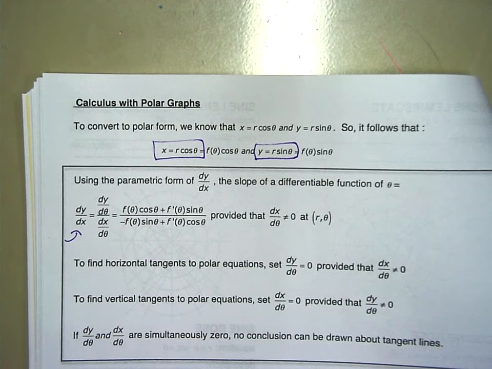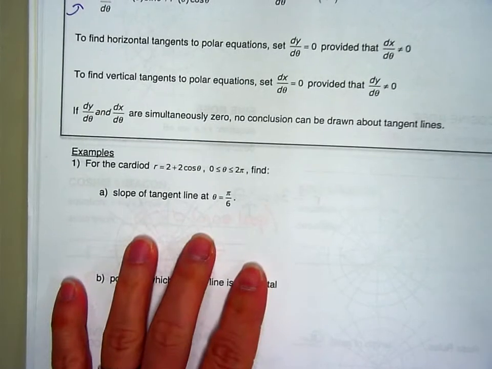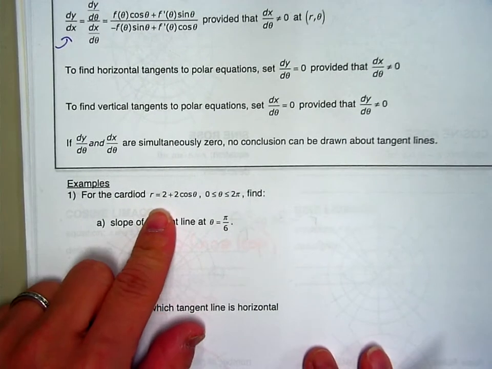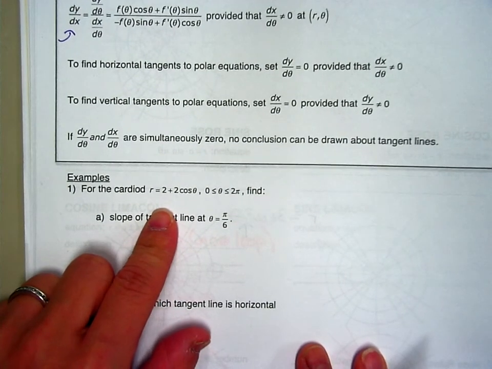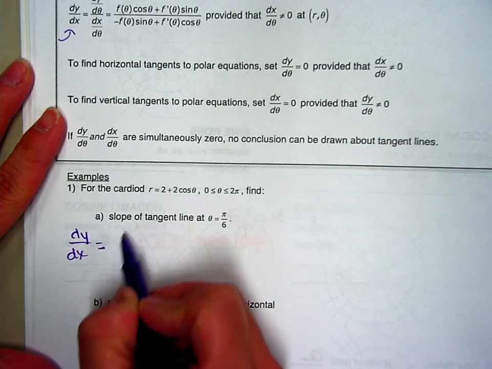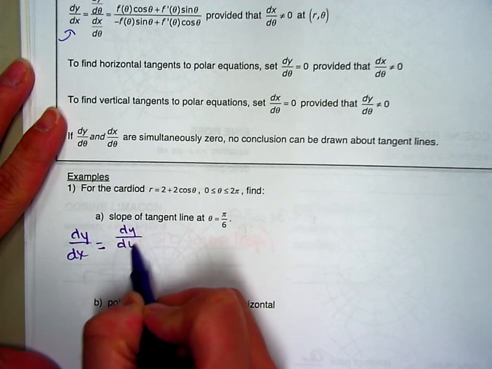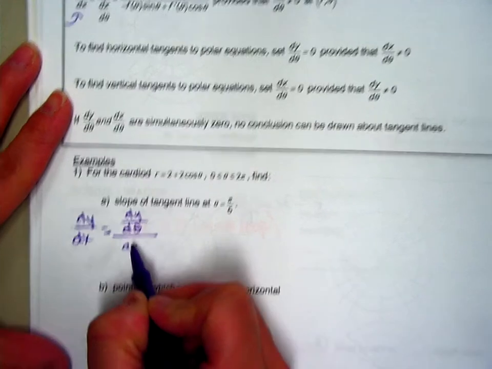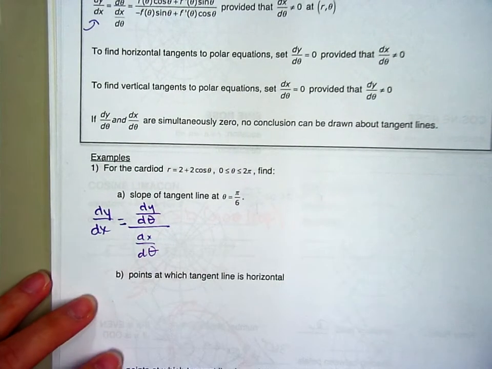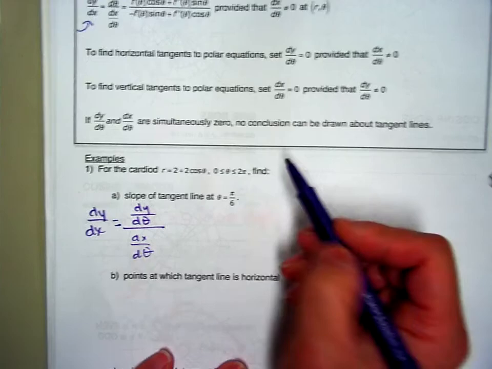Okay? So let's go ahead and take a look at this cardioid, r = 2 plus 2 cosine theta from 0 to 2 pi. So dy/dx is going to be dy/d theta over dx/d theta. And what we're going to do is use our conversion equations.